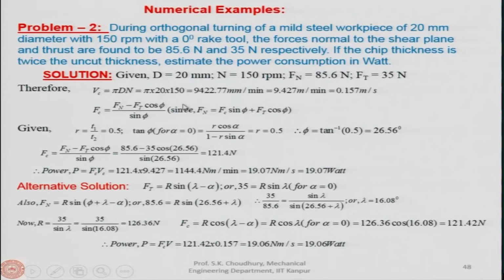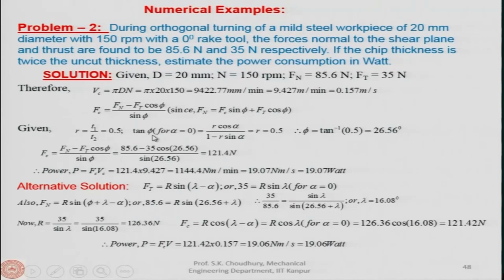Now, here also you can find out the Vc, because Vc is pi dn, all other things are given. We also found out from Merchant's that Fn is equal to this. So, from here Fc can be found out as this equation, or there is a chip thickness ratio, t1 by t2, which is given as 0.5. Here twice the uncut thickness, all right.